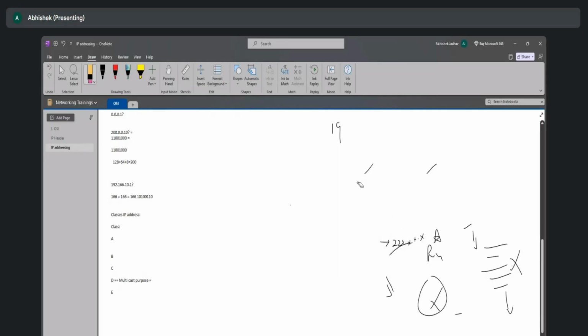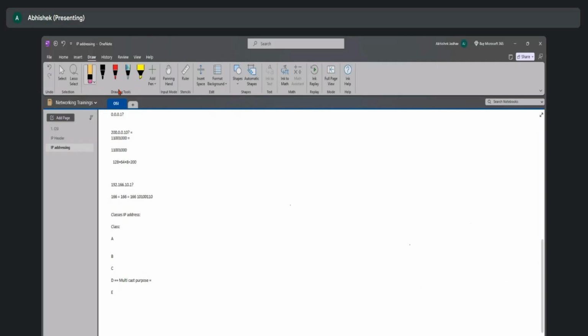Now, we just discussed class A, class B, class C, right? So how did they actually divide these classes of IP? Okay. So now, what is a class A IP and how do you actually differentiate it?